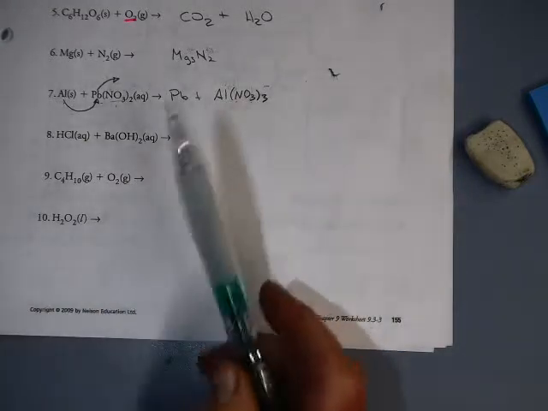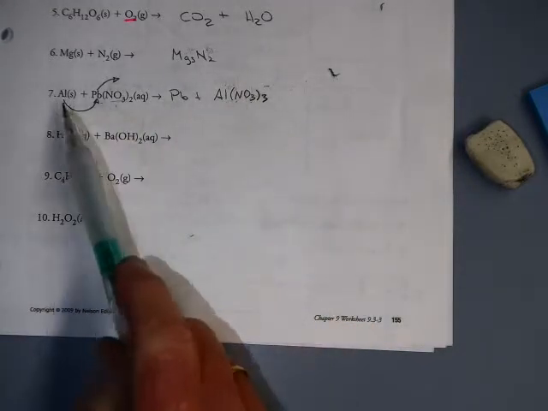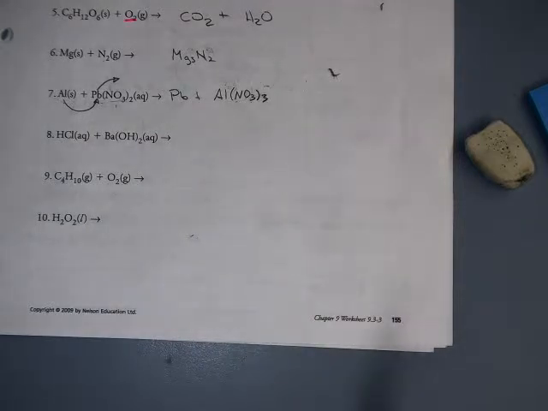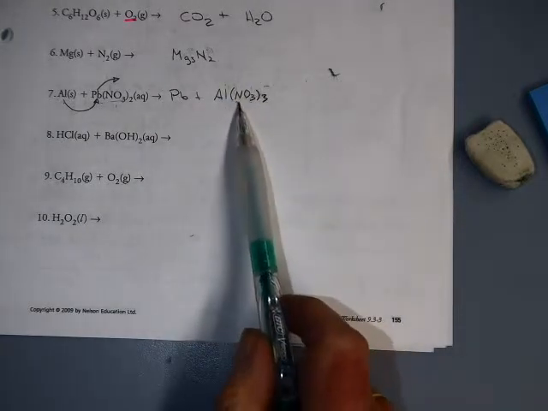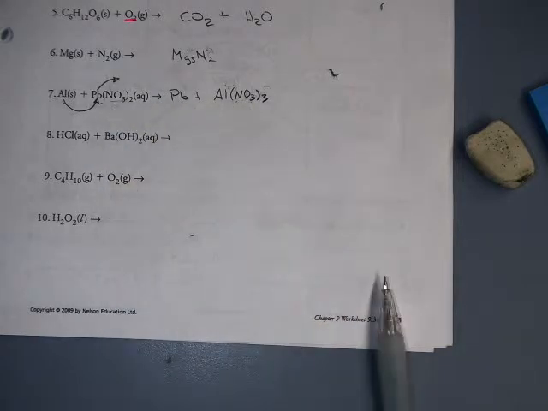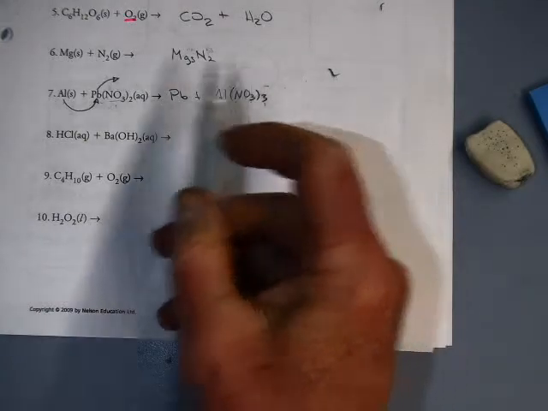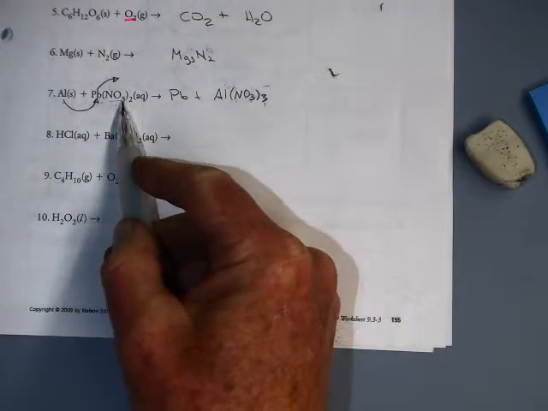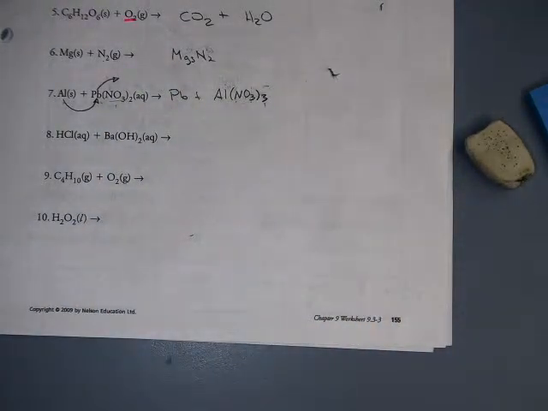I see that I have got two elements, so it doesn't matter. I can leave either one to the end. But what I do notice is that my nitrates exist on both sides. So I can start by balancing the nitrates as if they're a single atom. If I've got 3 nitrates on this side and 2 nitrates on this side, then my least common multiple is again 6. So I need to end up with 6 nitrates on each side.